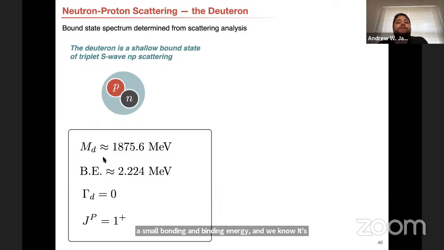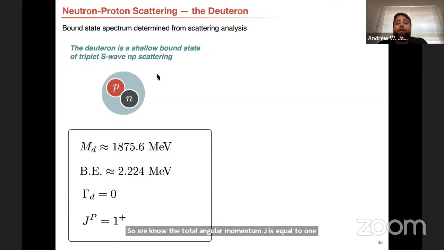From the quantum numbers of the scattering, we said that this is a spin triplet system, so its S is 1, its intrinsic angular momentum is 1. We also know that the orbital angular momentum is 0, so this is S-wave triplet scattering, L is equal to 0, S is equal to 1, and the total angular momentum is simply given by the spin interactions. So we know the total angular momentum J is equal to 1.